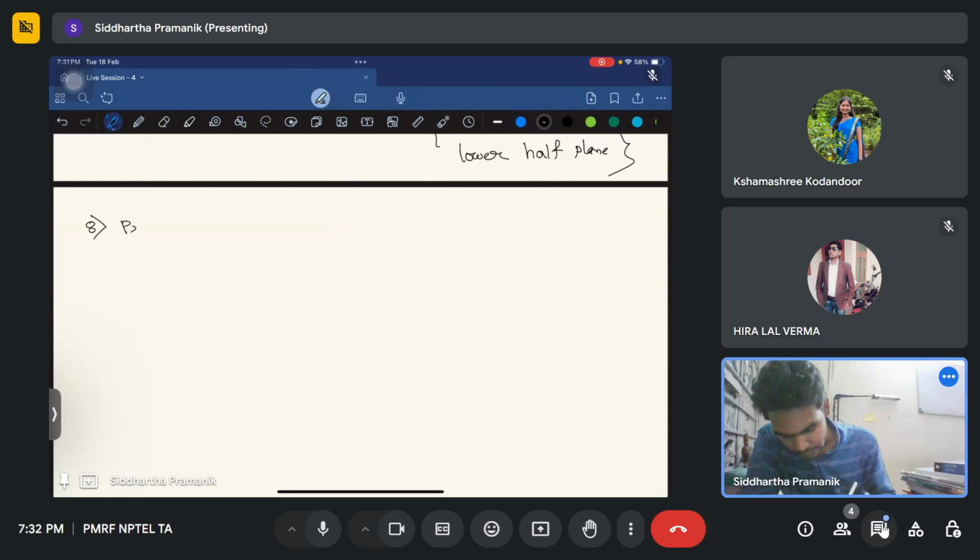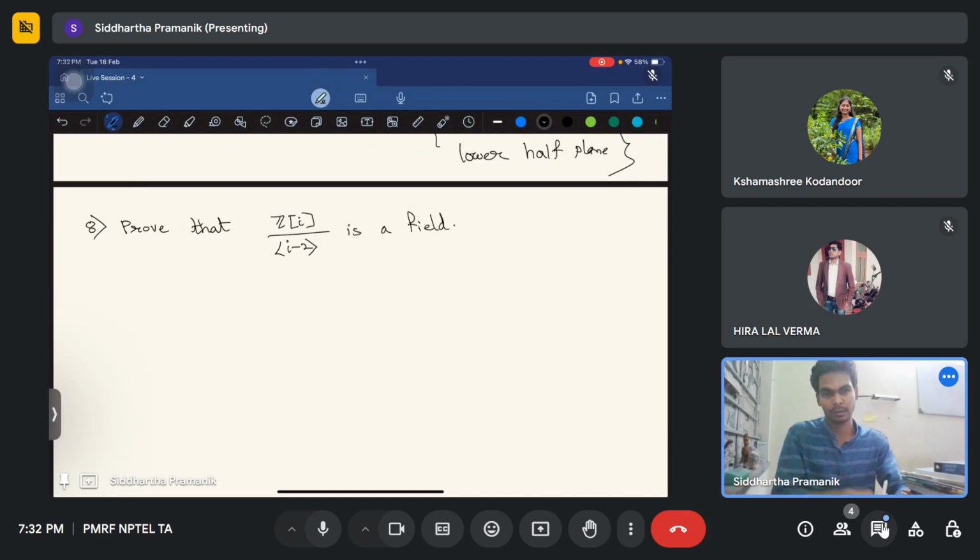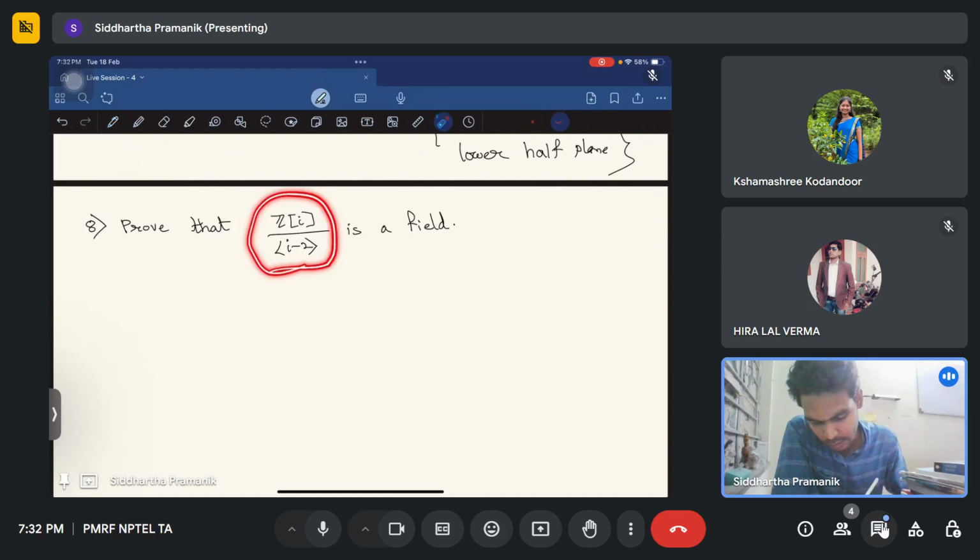Prove that the ring Z[i] modulo (i minus 2) is a field. So we need to prove that this quotient ring is a field, or that this ideal is a maximal ideal. Both are the same.